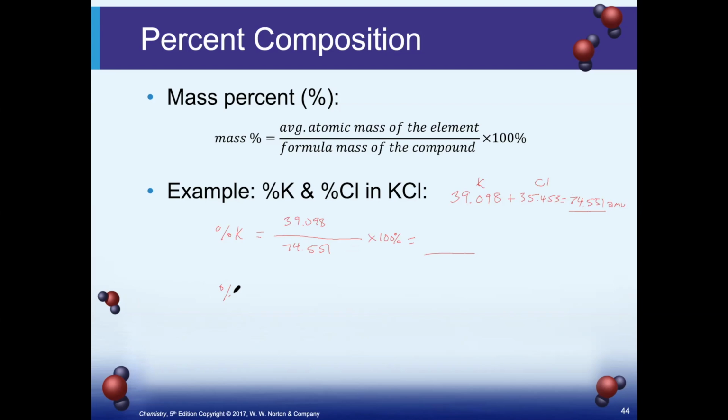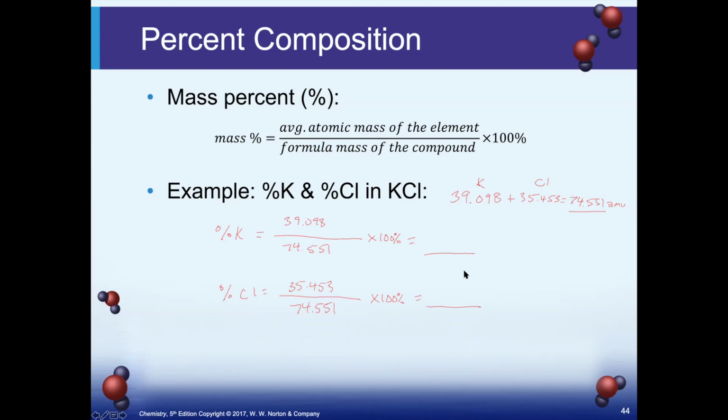I do the same thing for the chlorine in this compound: 35.453 divided by the mass of the compound as a whole, 74.551, multiplied by 100%. That gives you the percentage of chlorine in this particular compound.